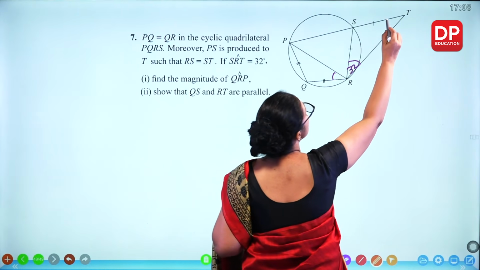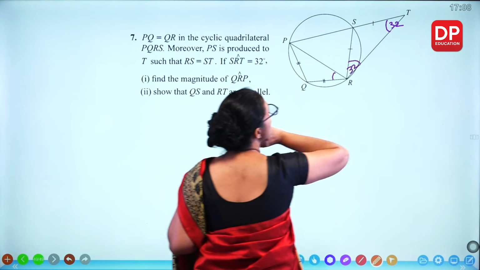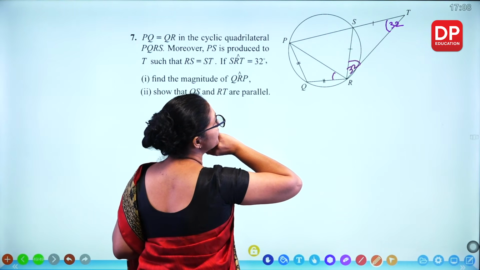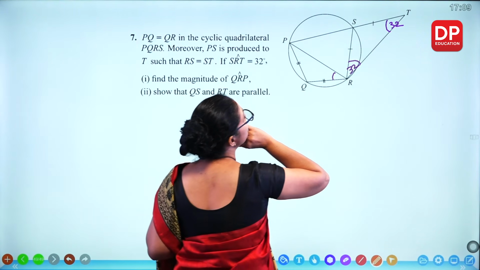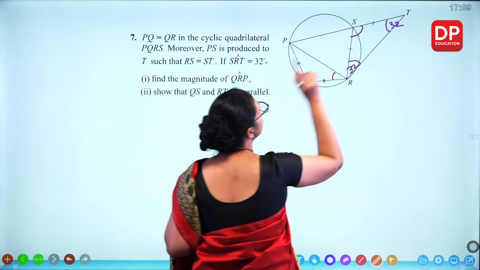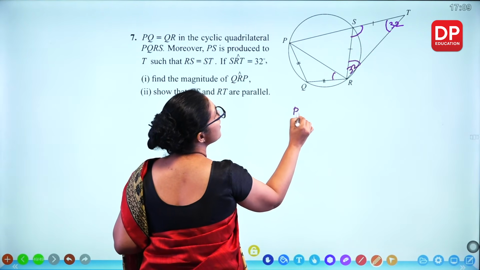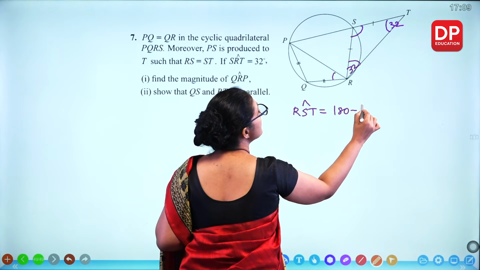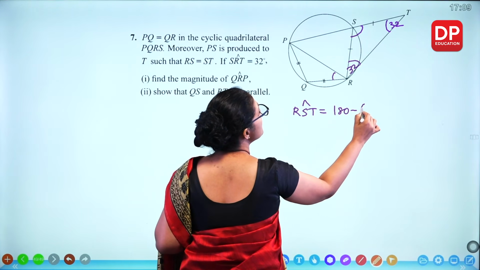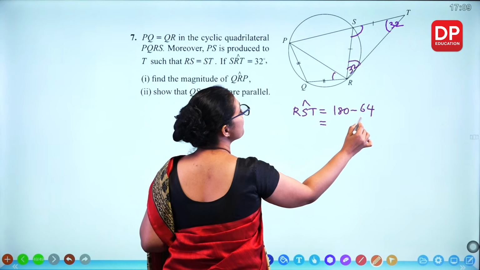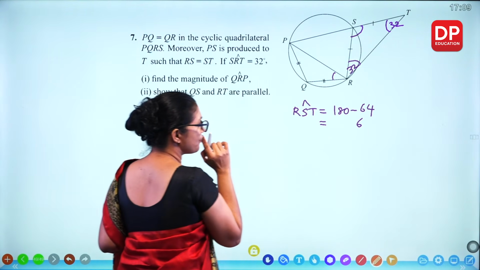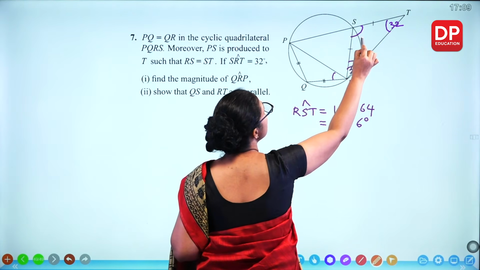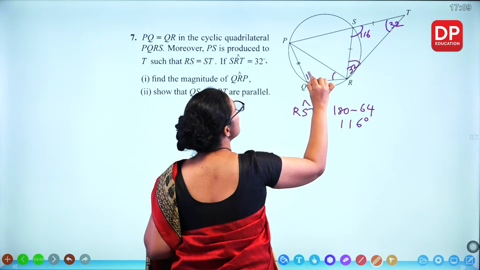If this is 32, this is 32, isosceles triangle, then you can find out this angle. What is the S angle? Our ST angle is 180 minus 32 and 32, which becomes 64. 116. So this is 116, which means this is also 116.